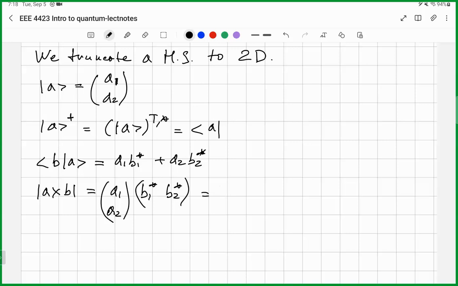So it gives me the matrix with components A1 B1 conjugated, A1 B2 conjugated, A2 B1 conjugated, A2 B2 conjugated.